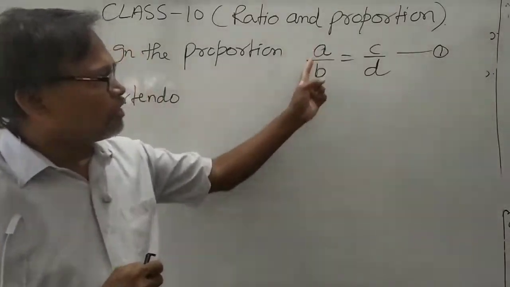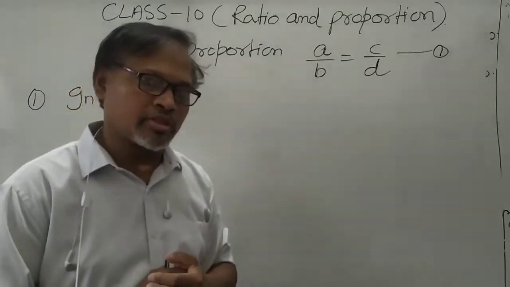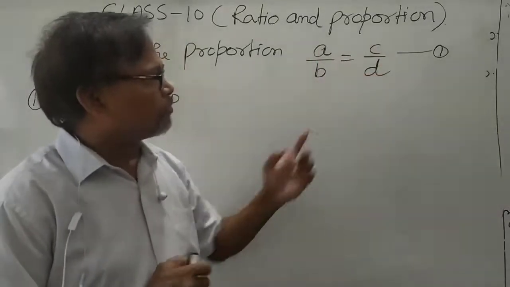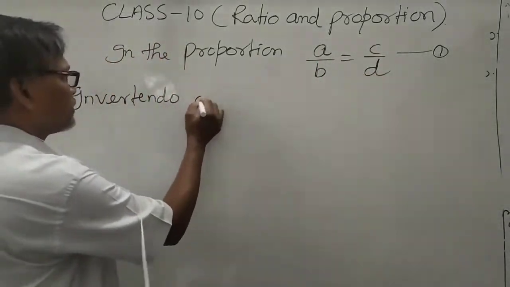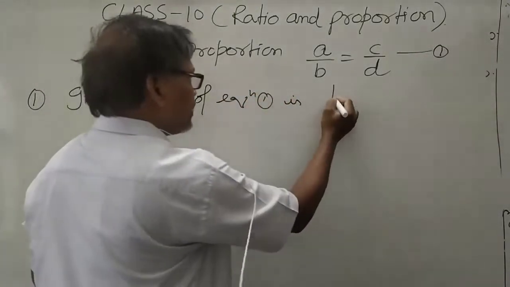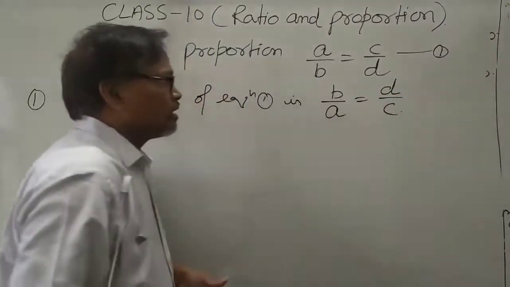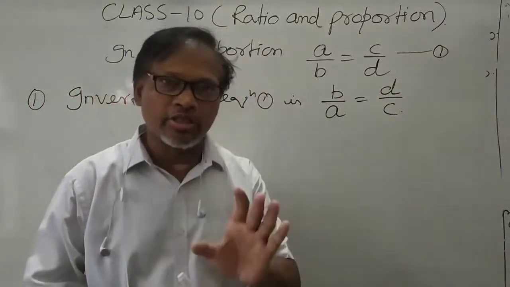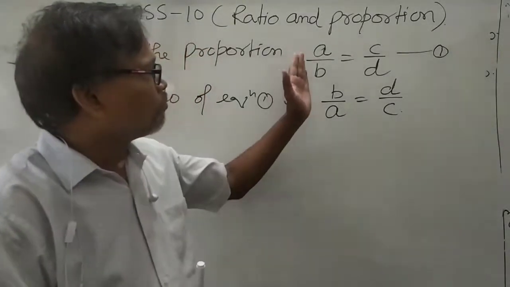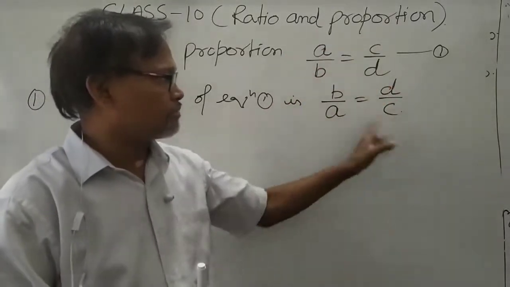Invertendo: if you have A upon B is equal to C upon D, meaning 4 numbers are in proportion, then the invertendo of this proportion is B upon A is equal to D upon C. Just interchange numerator and denominator on both sides.